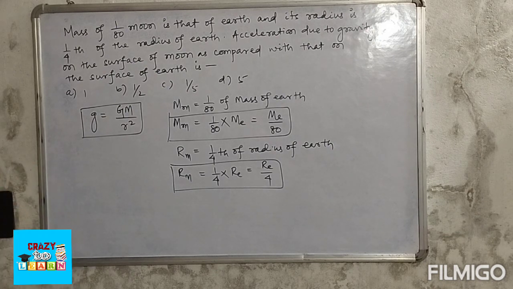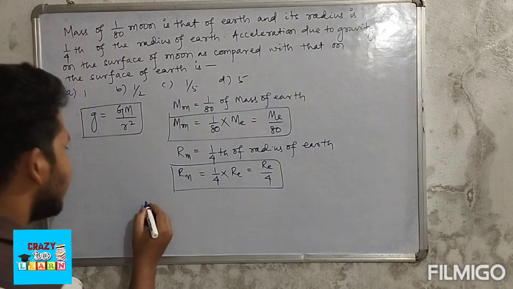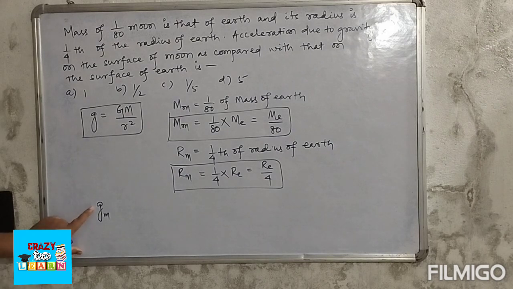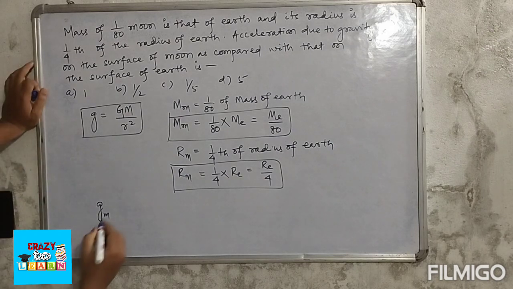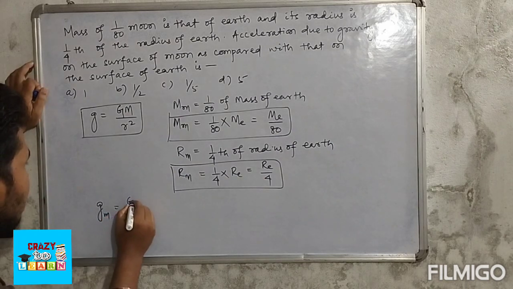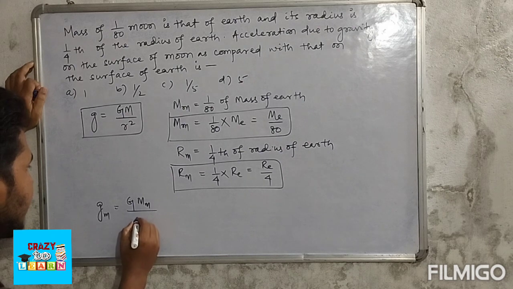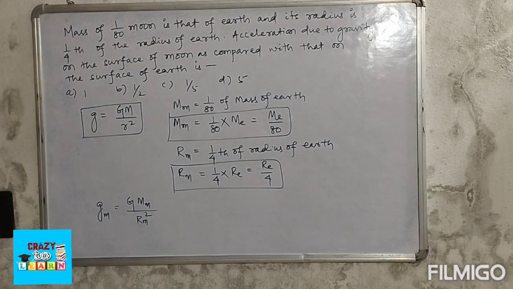Now we will find the acceleration due to gravity in case of the moon. Gm, the acceleration due to gravity for the moon, is equal to the universal gravitational constant into the mass of the moon divided by the radius of the moon square. Clear?